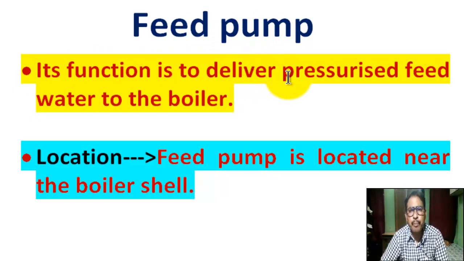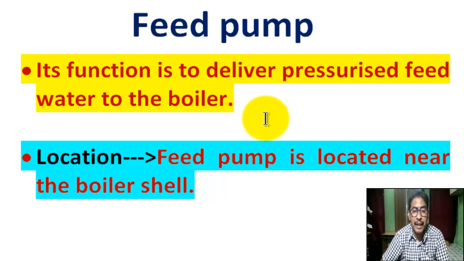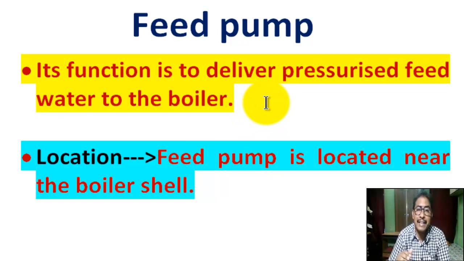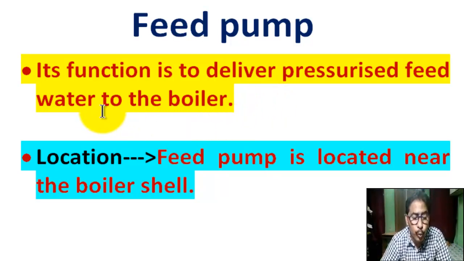Next accessory, feed pump. Its function is to deliver pressurized feed water to the boiler. Feed pumps are mainly used to deliver feed water into a boiler against boiler steam pressure, because inside of the boiler, steam pressure is high.